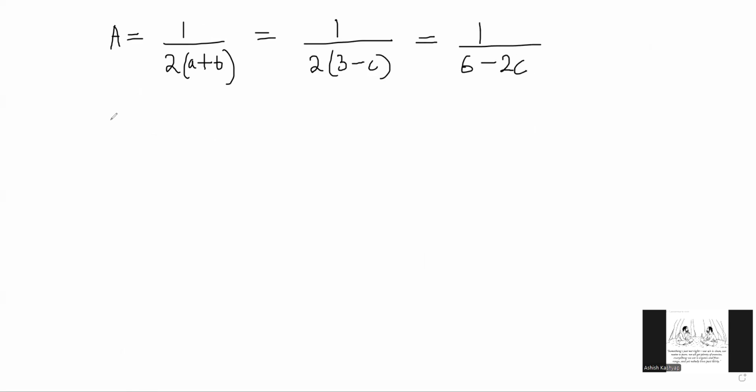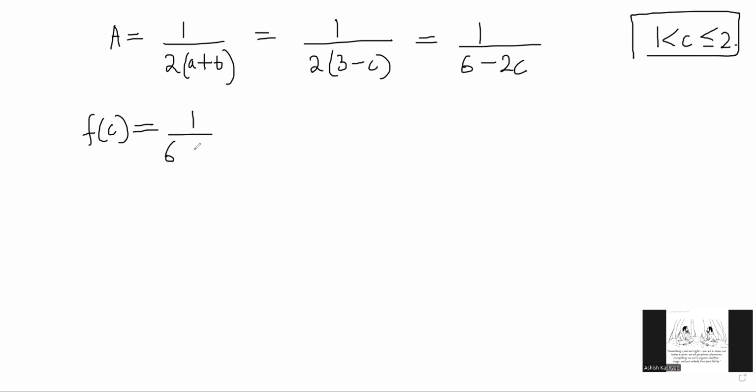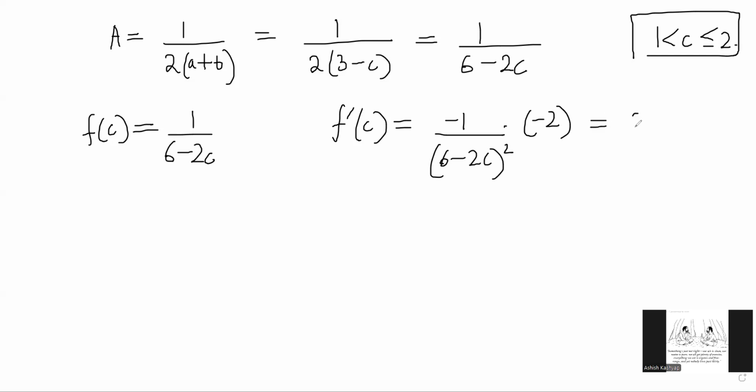And I need to maximize the area of this. So this is a function of c, and we have already found the range of c. c belongs from 1 to 2, like this. f of c is equal to 1 by 6 minus 2c. Let's maximize it. f dash c will be minus 1 by 6 minus 2c whole square multiplied by minus 2. So it is 2 by 6 minus 2c whole square.